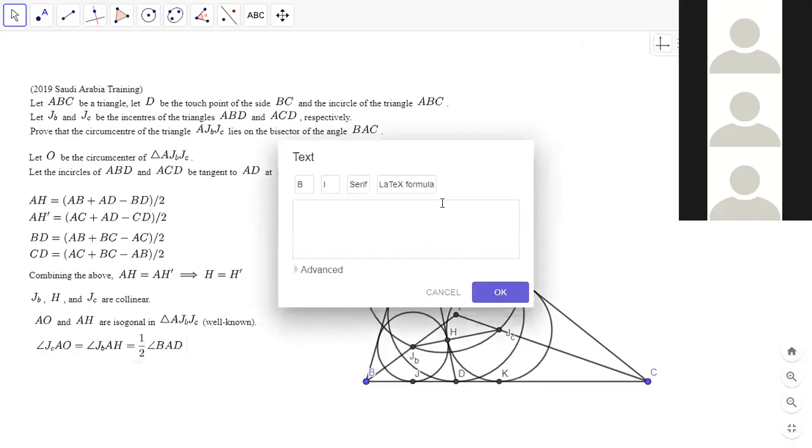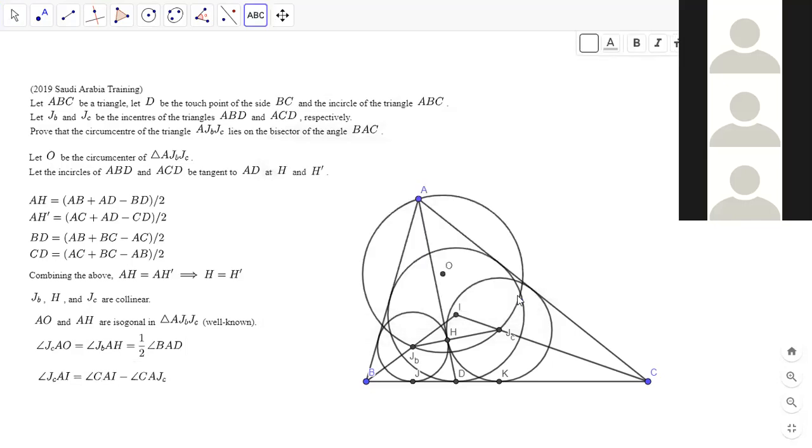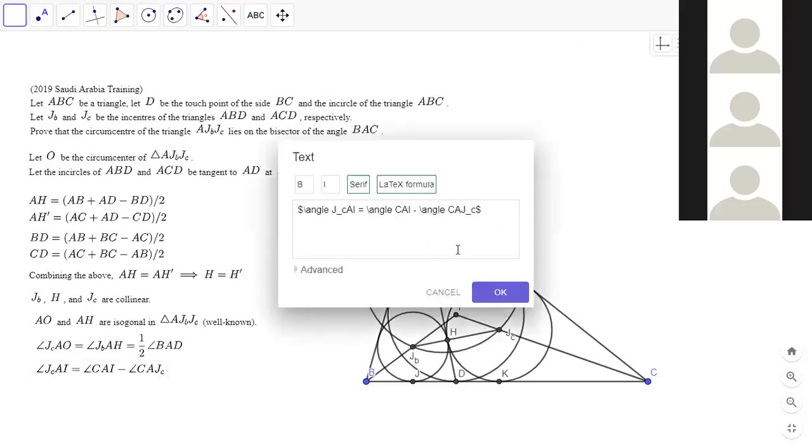Well, it's a calculation. So angle JCAI is equal to angle CAI minus angle CAJC. And CAI is half of BAC, and CAJC is half of CAD. So then that solves it.